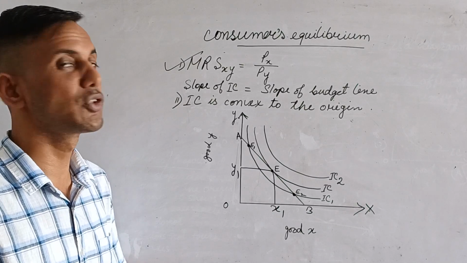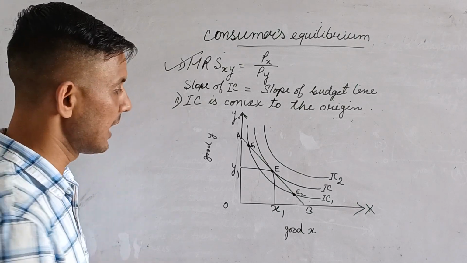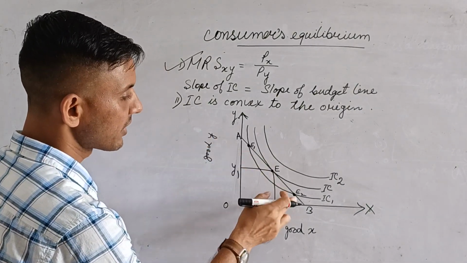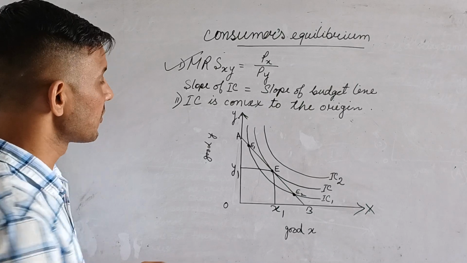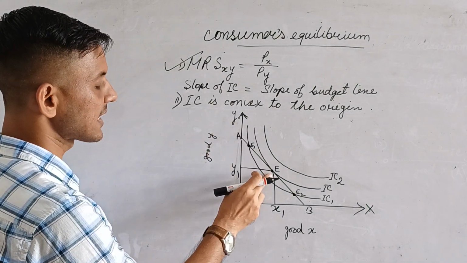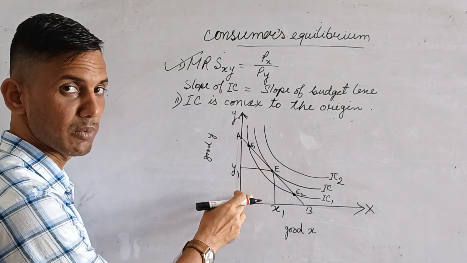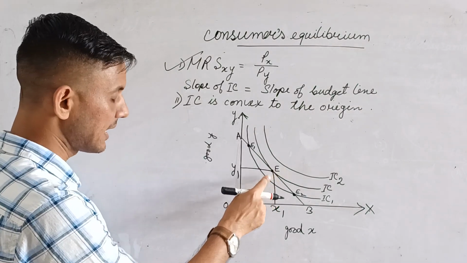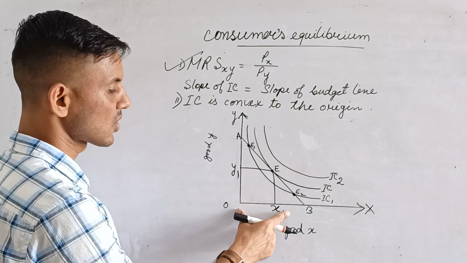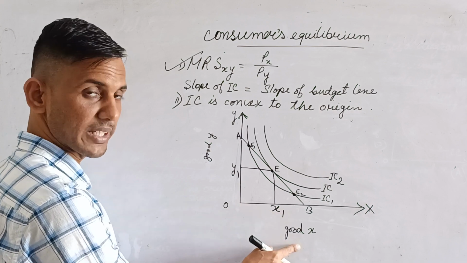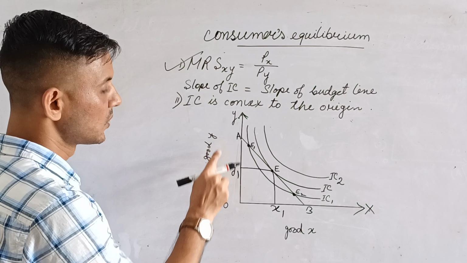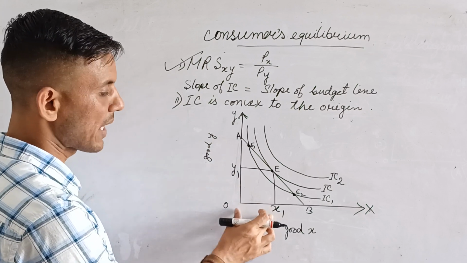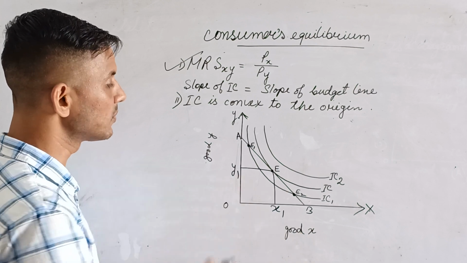Clear? According to the first condition, all three are equilibrium, but only E satisfies both conditions simultaneously. At E he is consuming OX1 of good X and OY1 of good Y. So this is the equilibrium quantity.